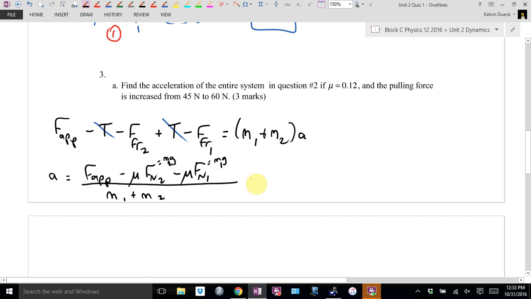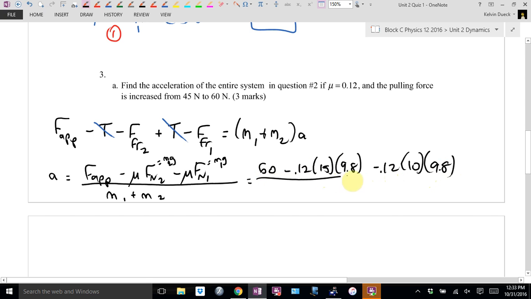So it's going to be 60 minus 0.12 times 15 times 9.8 minus 0.12 times 10 times 9.8, all over 10 plus 15.